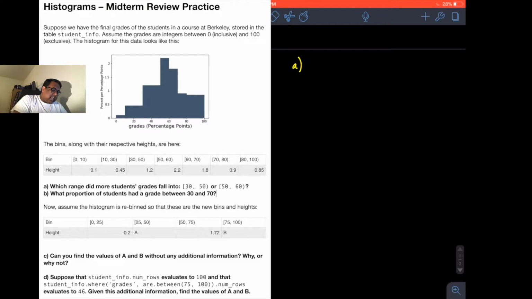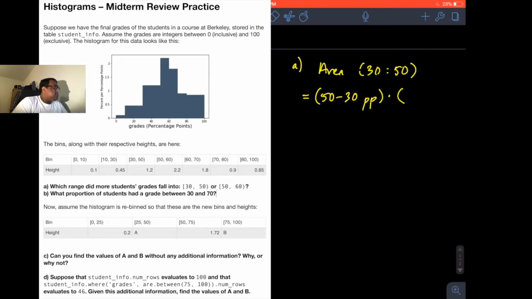Right, so first let's look at the area of the 30 to 50 bar. Okay? And we know that the area is equal to the width of the bar times the height of the bar. Here, in our case, our width is 50 minus 30 percentage points.